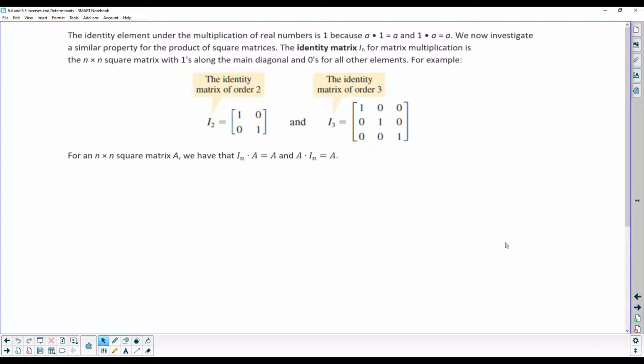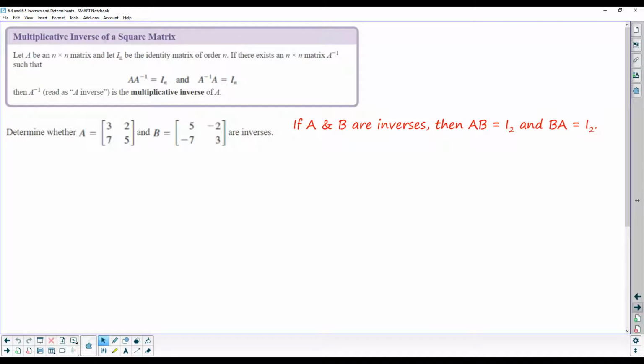The reason that you need to know that is because we're going to use identity matrices to help us. We're going to be finding inverses of matrices. So it's called identity if you times something by that identity thing and get itself back. It's called an inverse if you multiply something by its inverse and you get 1. So for example, in the world of numbers, if you start with a 3 and you times by 1/3, you get 1.